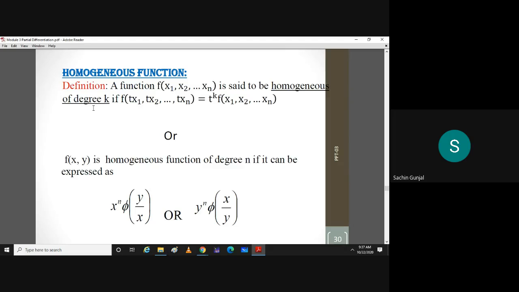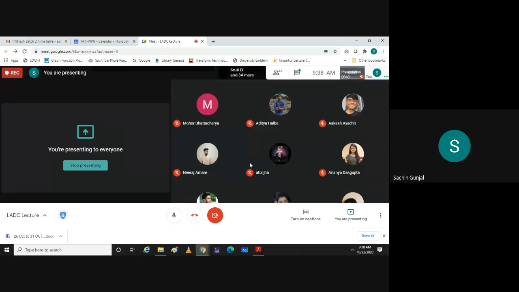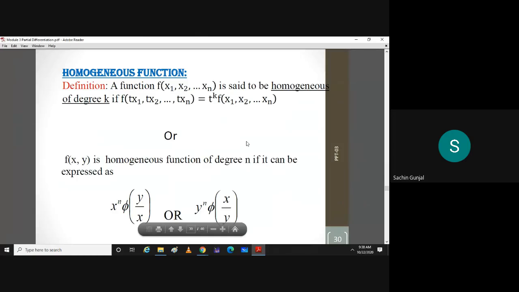of that homogeneous function. Up till now you have studied homogeneous polynomials. Homogeneous polynomials means x raised to 4 plus x square y square plus y raised to 4 plus x cube y.